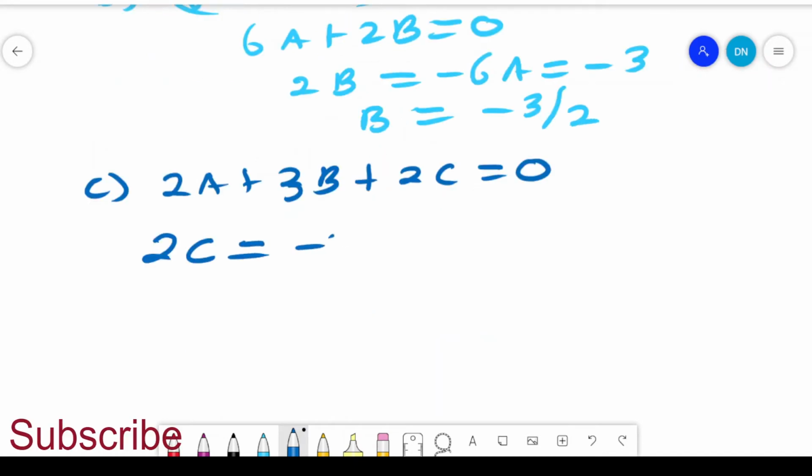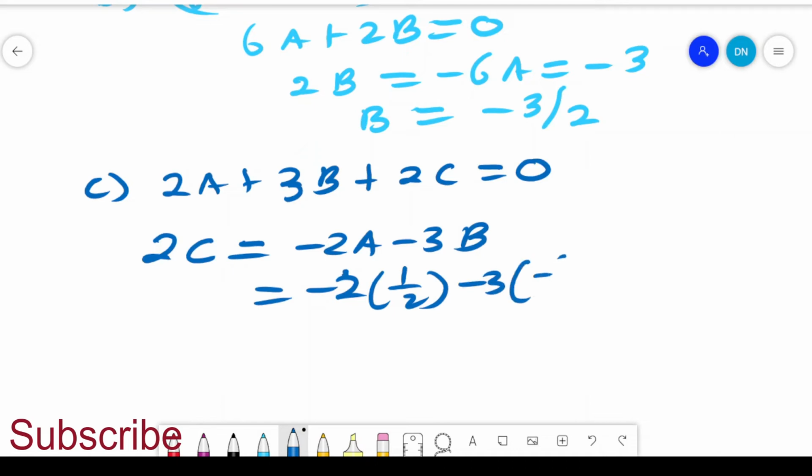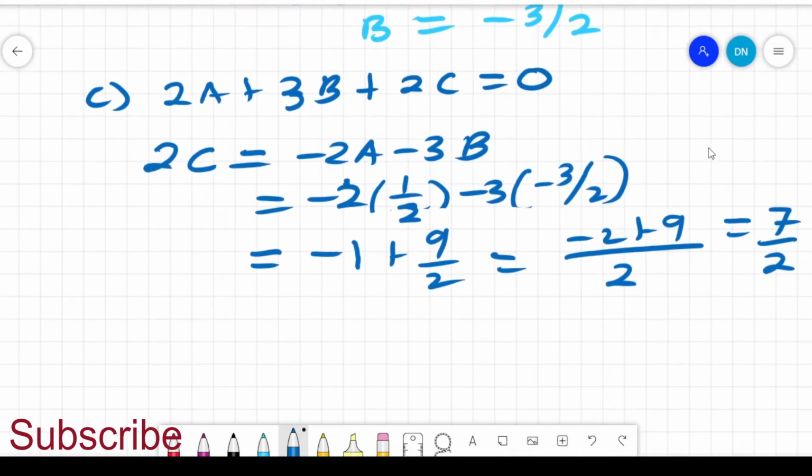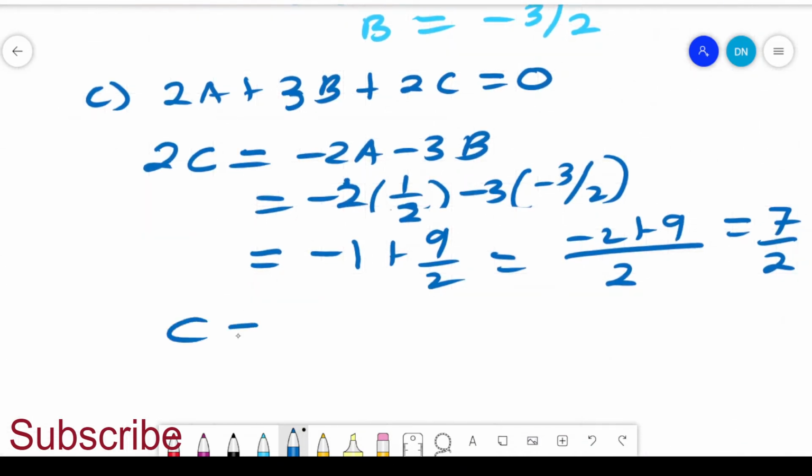So 2c is equal to minus 2a minus 3b, which is equal to minus 2 times a half minus 3 times negative 3 over 2. So this is given by minus 1 plus 9 over 2. LCM is 2. Minus 2 plus 9 is equal to 7 over 2. And therefore, c is equal to 7 over 4.